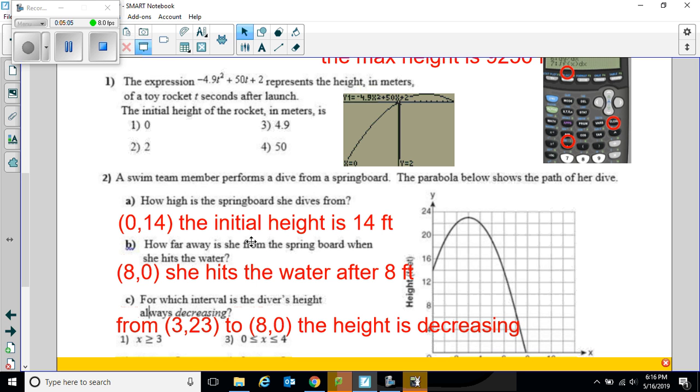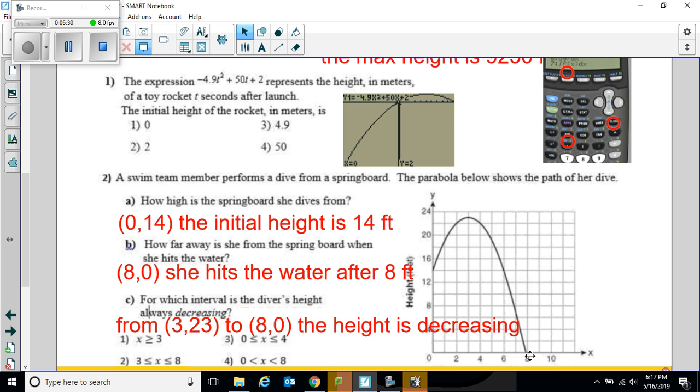How far away is the springboard from when they hit the water? Well, the graph tells me that I'm starting at 0, I'm starting at 14. I get to my vertex and I hit the water right here. That's 8 feet away from our springboard.